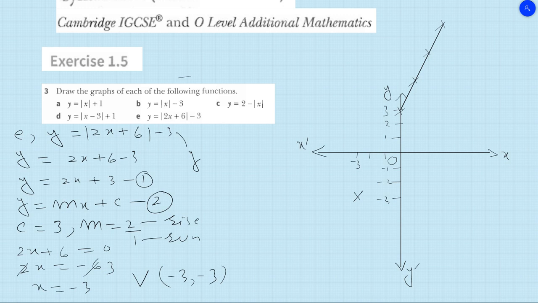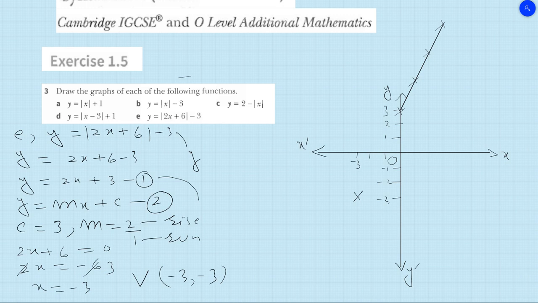We need to join these straight line points by our vertex. Our vertex is x = -3, y = -3. So we need to scale again. See this equation? Actually, we need one more point.